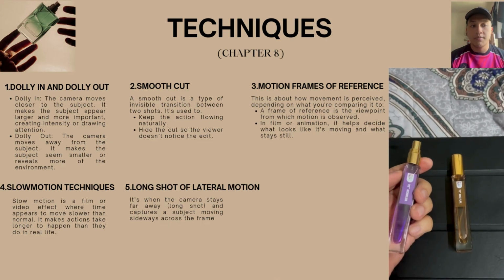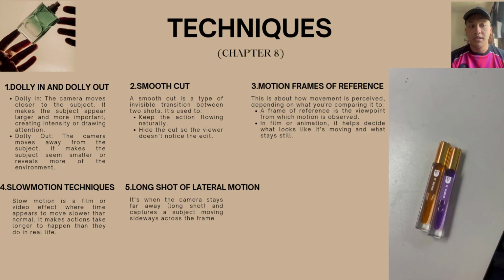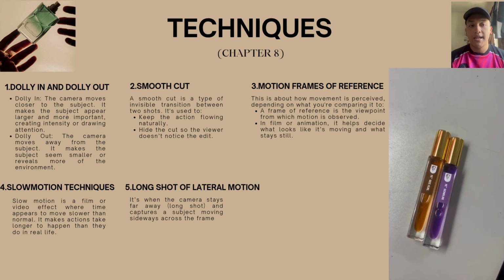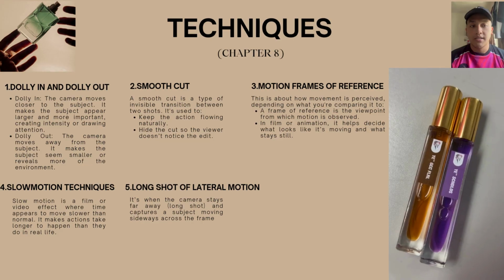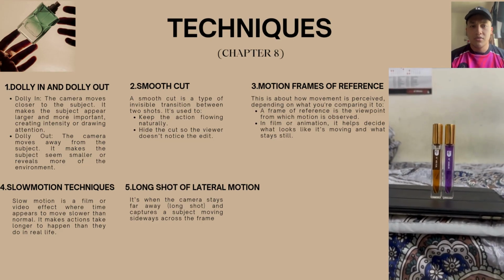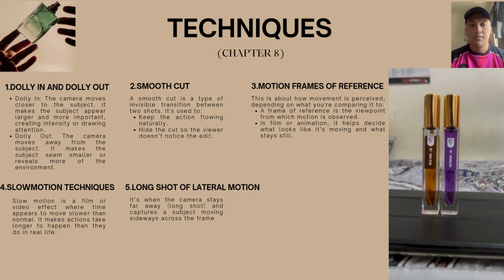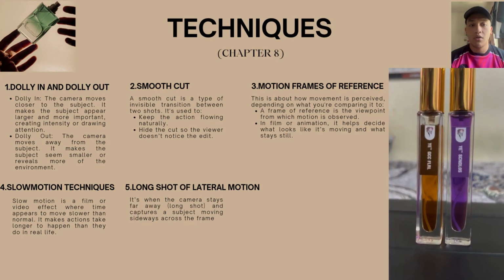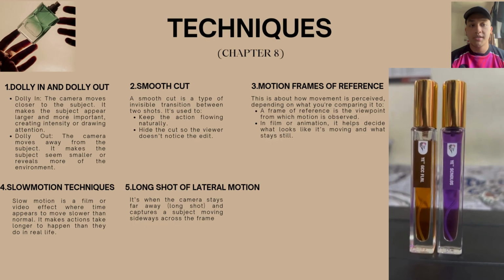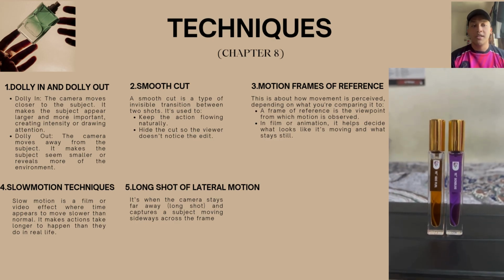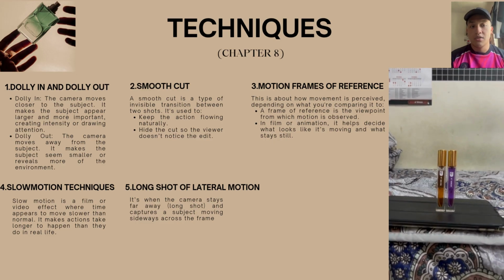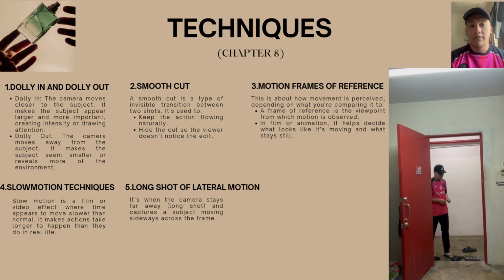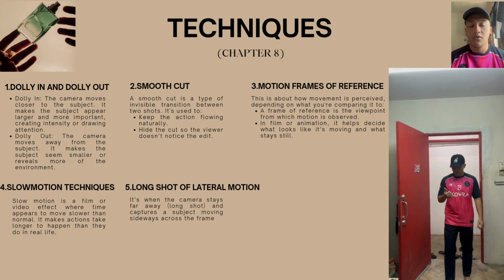It's used to keep the action flowing naturally and hide the cut so the viewer doesn't notice the edit. It usually matches movement, position or visual elements between shots to make the cut feel seamless. So we use this technique so that our video looks smooth and beautiful to watch.